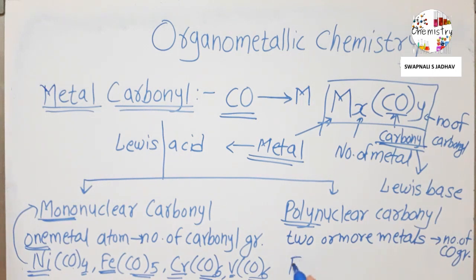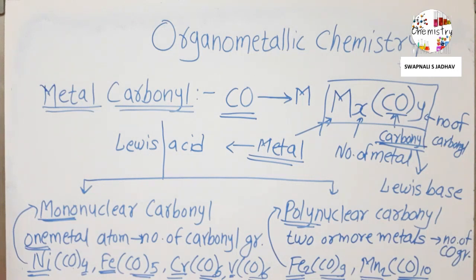For example, Fe2CO9, where two iron atoms are attached to 9 carbonyl groups, or Mn2CO10, where two manganese atoms are attached to 10 carbonyl groups. These are examples of polynuclear carbonyls. So here we saw the definition, representation and classification of metal carbonyls.